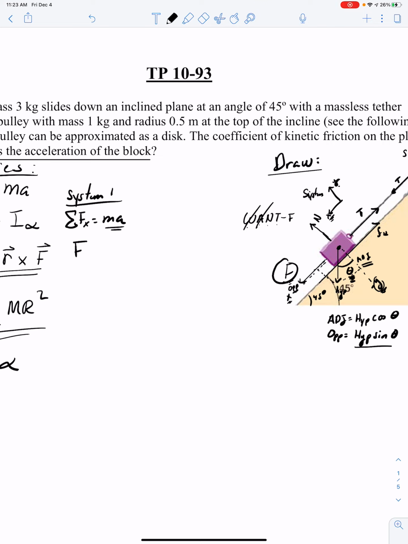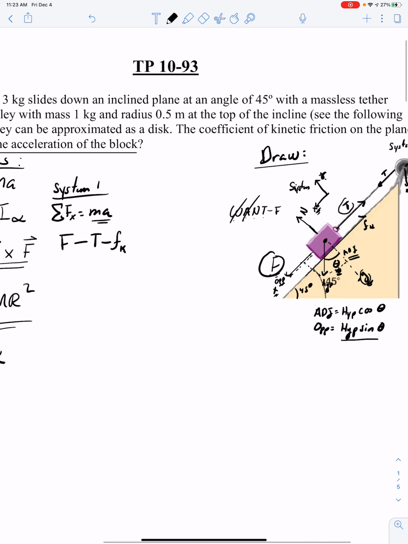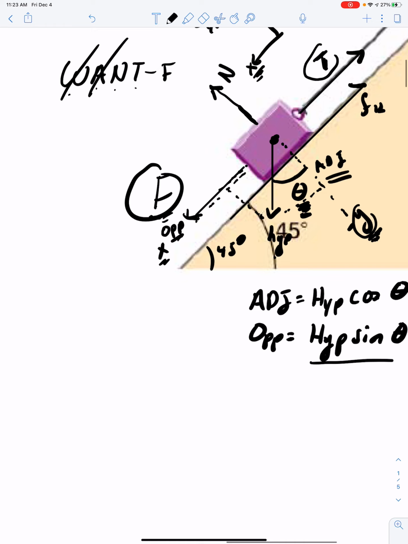Then we have minus the tension because it's going away from the direction of motion. And we also have friction, which is acting opposite of motion.